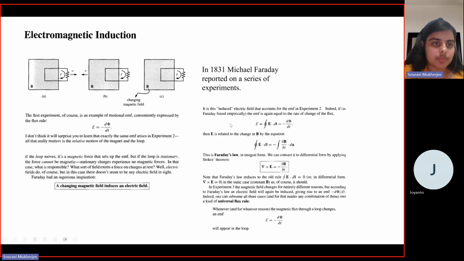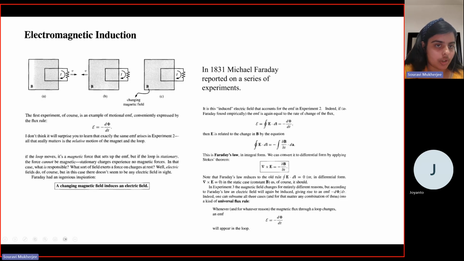The first one is something we just discussed. You have a magnetic field and a loop, and you pull it in this direction with some velocity v. When you move it in this direction, there will be an induced current, right? And because of that, you get a net EMF generated.